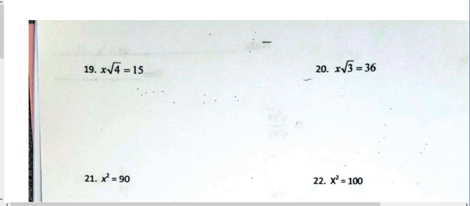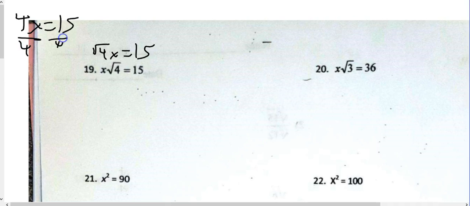All right, now some solving. Remember, this is saying x times radical 4. It could also be written like this. And that would be more what we're used to looking at something like this. How would we solve that? We would divide by 4. So what are we going to do here? We're going to divide by radical 4.